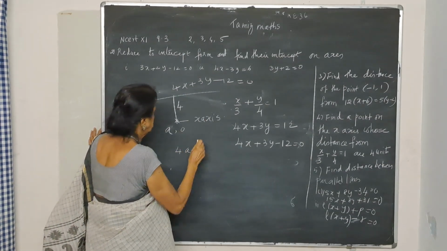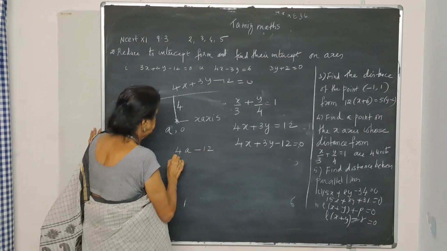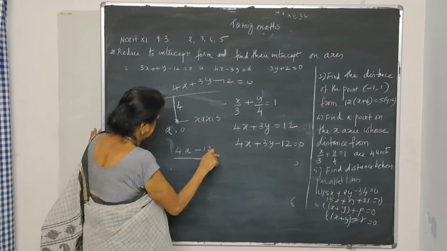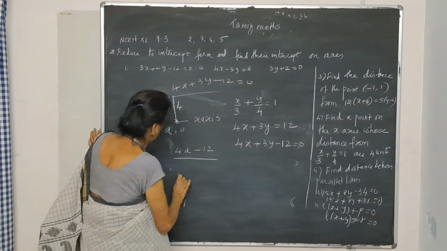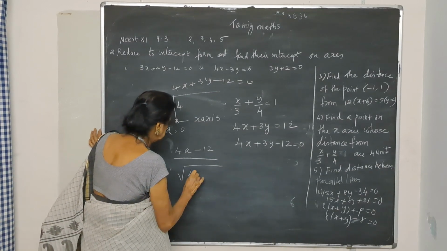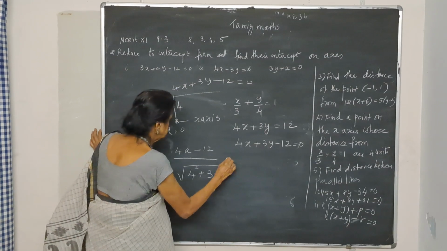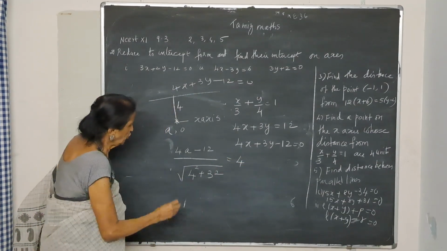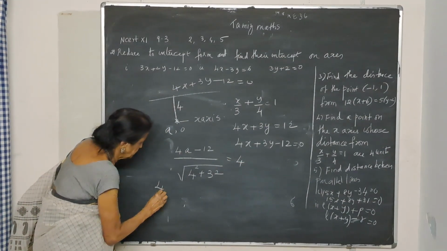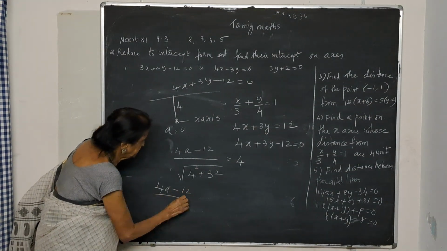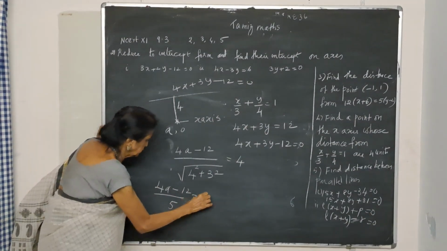This will be 0 minus 12 by, this is modulus, or let it be like that. I can take care also plus 4 and minus 4, by root of 4 square plus 3 square. So 4a minus 12 by 5 is equal to 4.